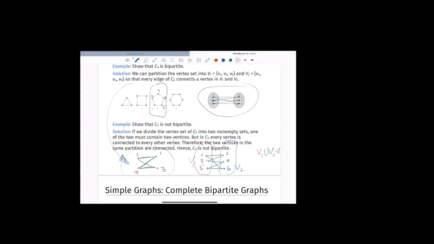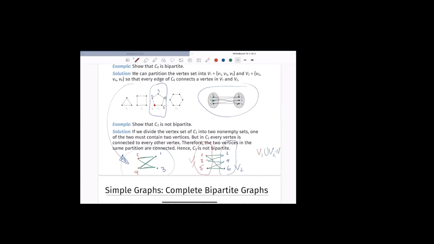Suppose I were able to color. Let's suggest an algorithm for coloring the vertices. Let's start anywhere. Without loss of generality, I can start at this vertex. I could have started anywhere else. Methodically, let's go around, in this case clockwise. So 1 is going to be a red vertex.